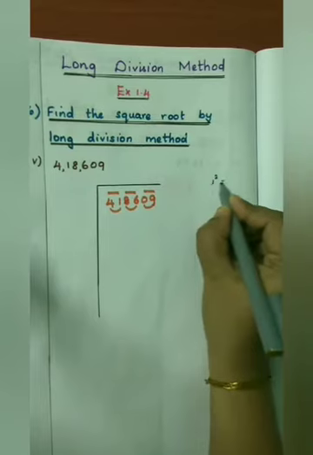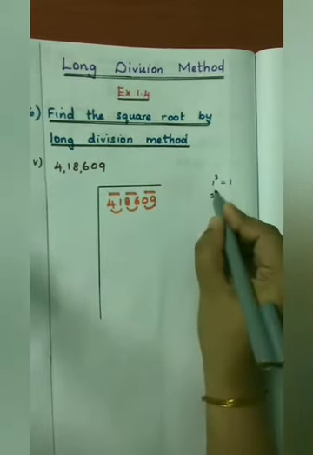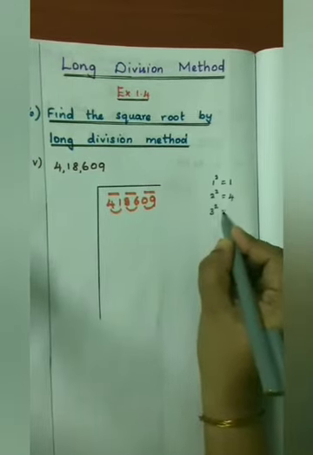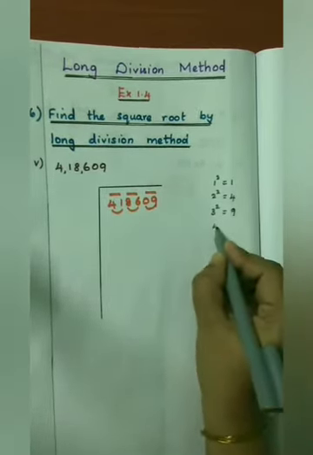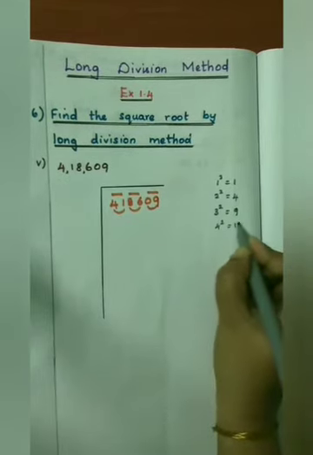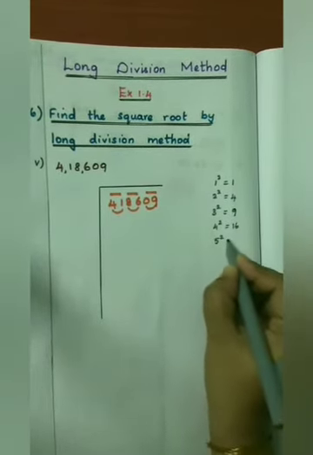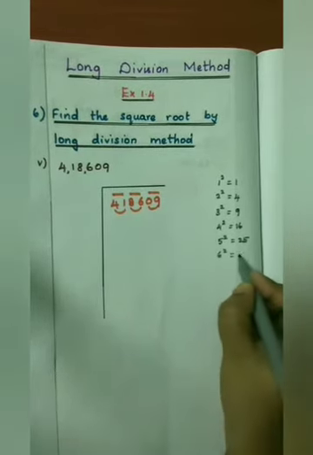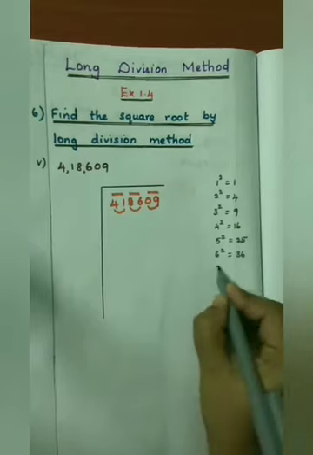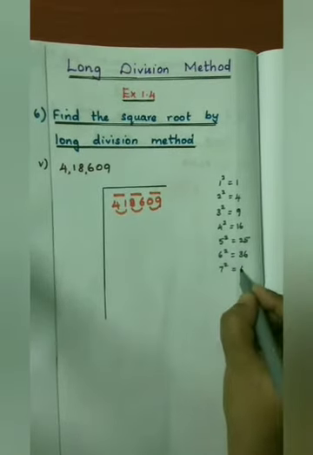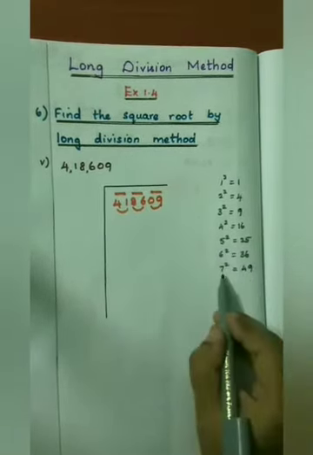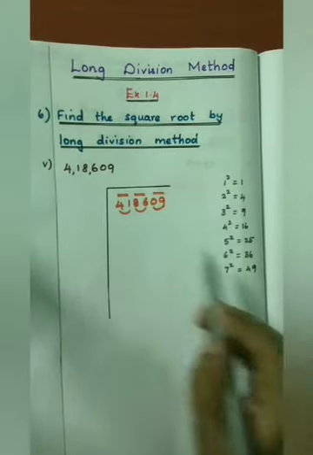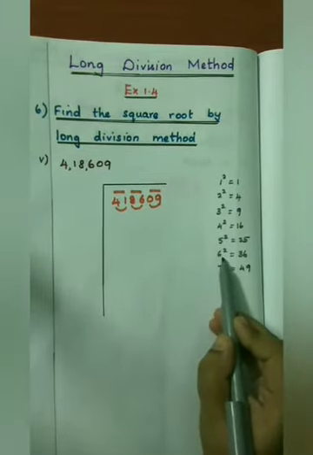So 1 square equal to 1, 2 square equal to 4, 3 square, that is 3 into 3, 9, 4 square, 4 into 4, 16, 5 square, 5 into 5, 25, 6 square, 6 into 6, 36, 7 square, 7 into 7, 49. 7 square equal to 49, which is greater than 41. So, you choose the 6 square.